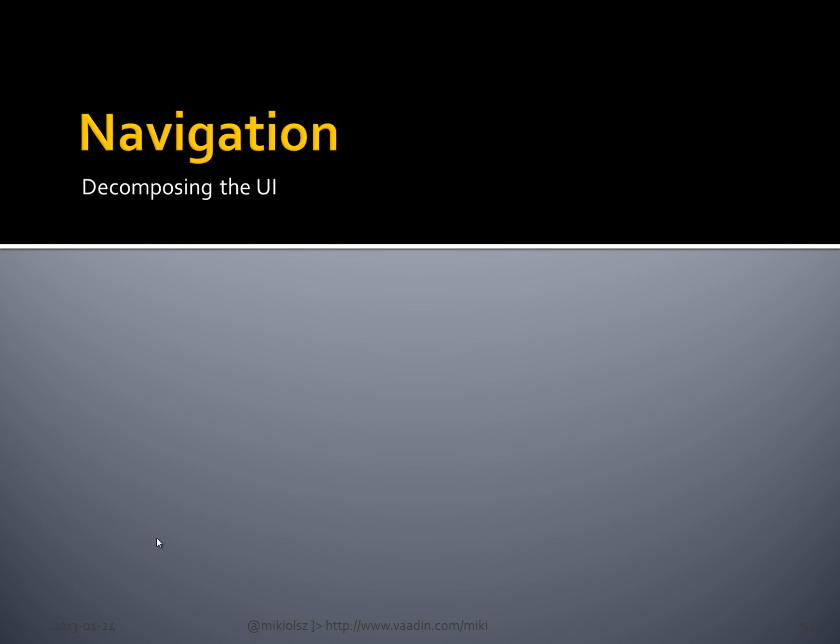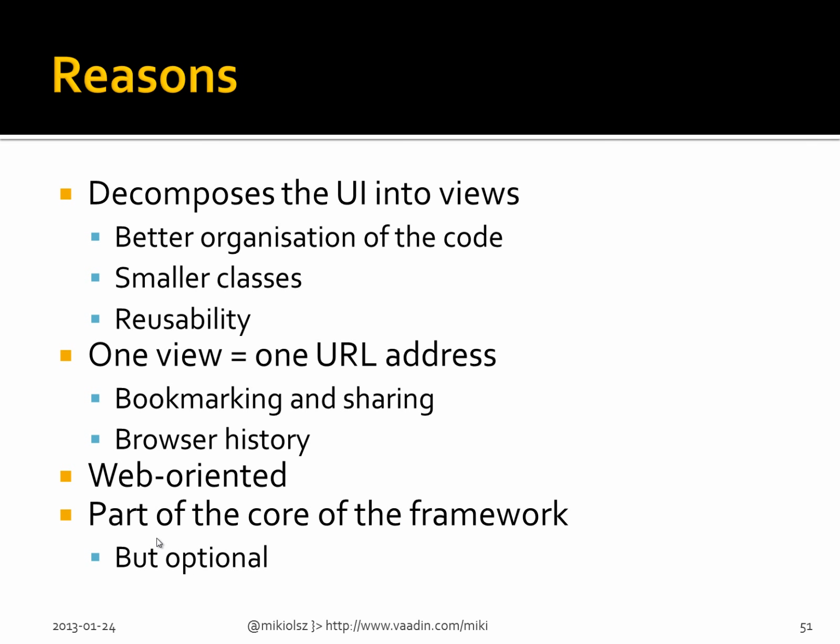Alright, enough about styles and layouts. Let's talk a little about navigation. The reason why we want to have navigation is that actually we are developing a web application, and the users browsing the web are used to the fact that we have web pages identified by different addresses.